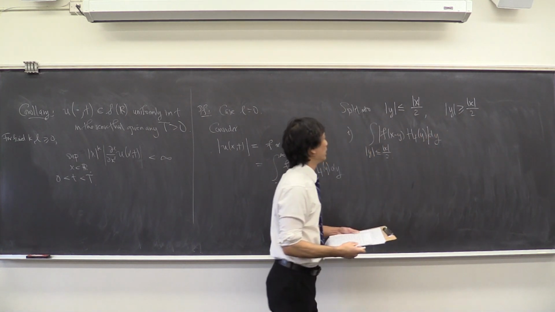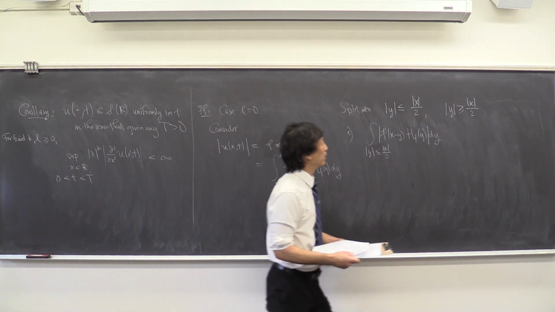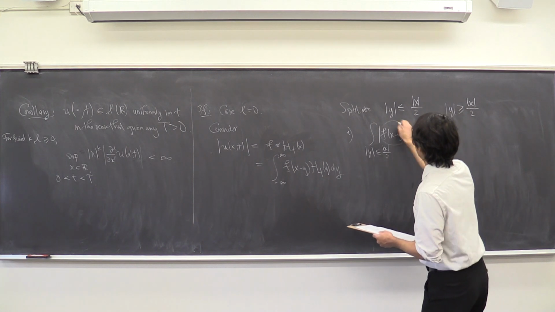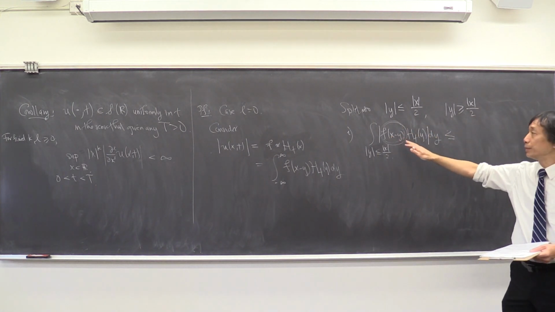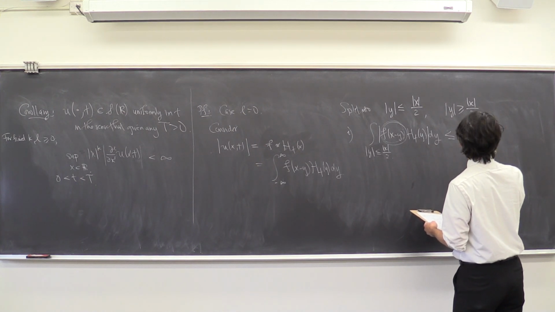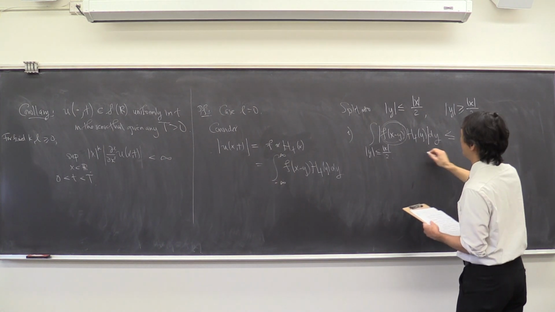Right. So let's look at the integral of the absolute value. F is in the Schwartz class, so we can bound that by some constant over 1 plus the absolute value of x minus y to the n.